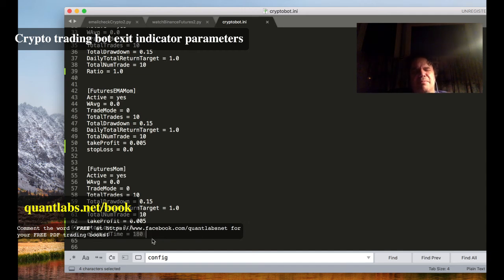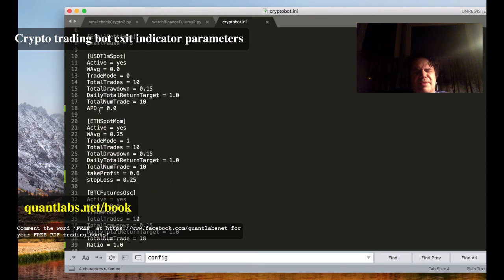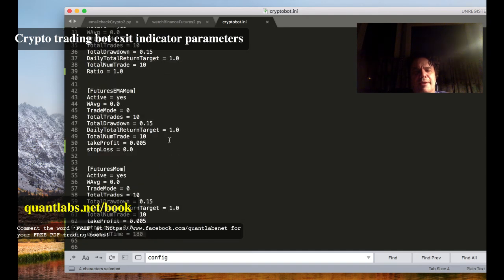So if the position's been on for more than 3 hours, in this case 180 minutes, it'll just close out the trade no matter what. So I can add this elapsed time to all of the other strategies as well. I think that's something that people want or may want.